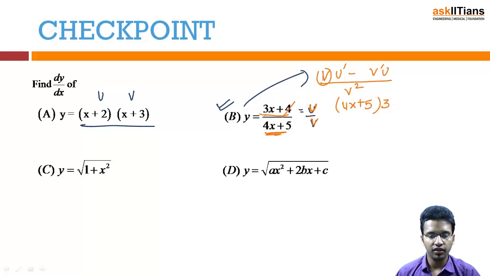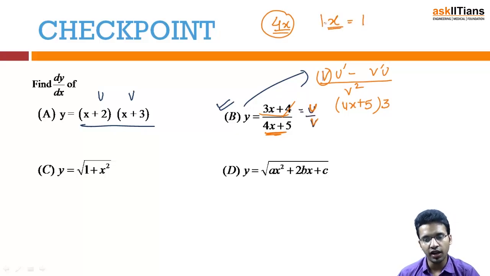Why? Because the constant will get 0. One thing I forgot to mention: suppose you have 4x. Earlier I told you that the differentiation of x is 1, because it is 1 into x. Now if it's 4 into x, we can always keep the constant outside.